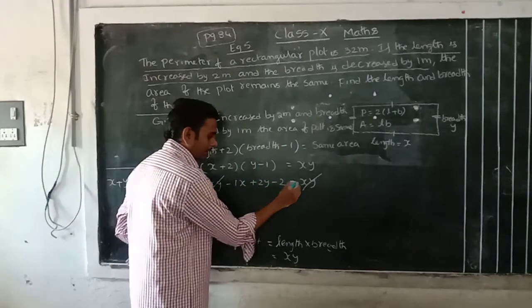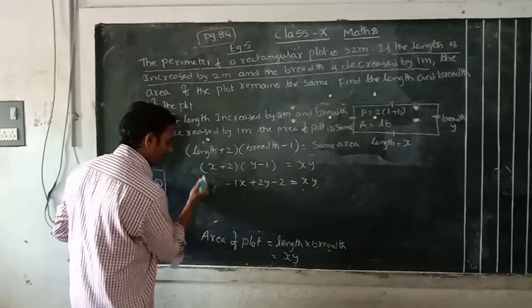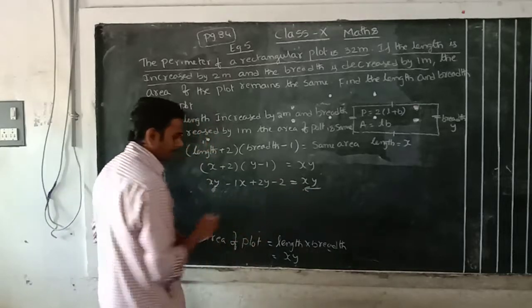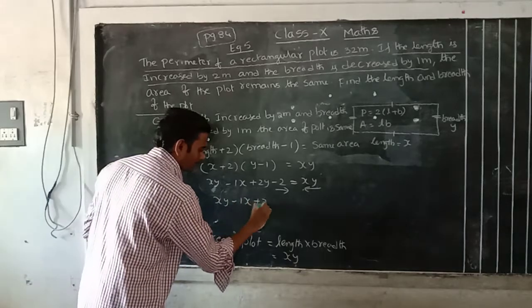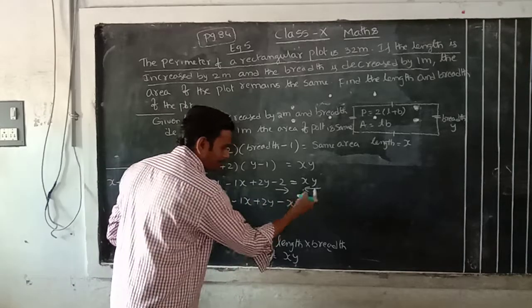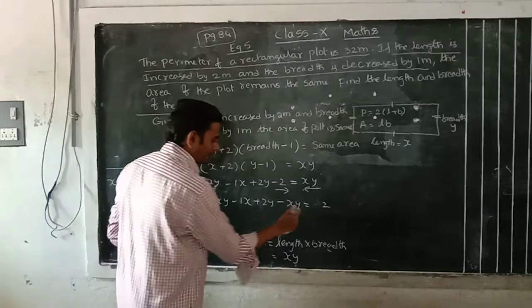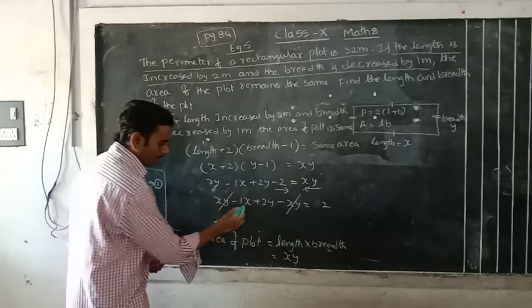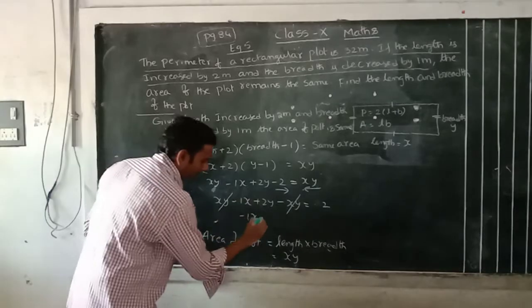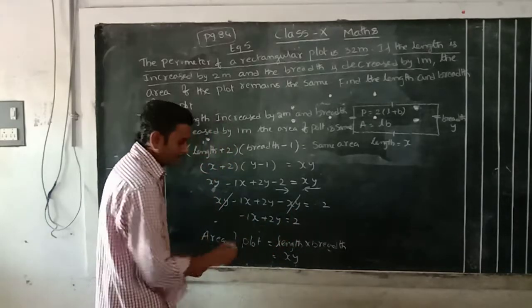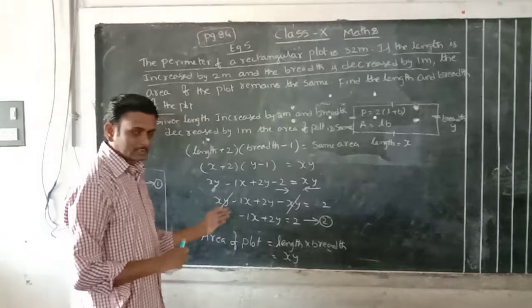Otherwise, you can take xy to this side and minus 2 to that side, and then minus xy plus xy cancel, and minus 2 becomes plus 2. Now we write the remaining part: minus 1x plus 2y equal to 2. This is equation 2. After this, I think all of you understood.